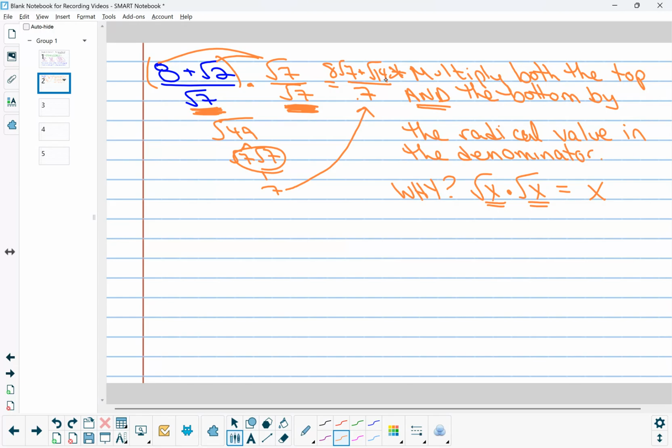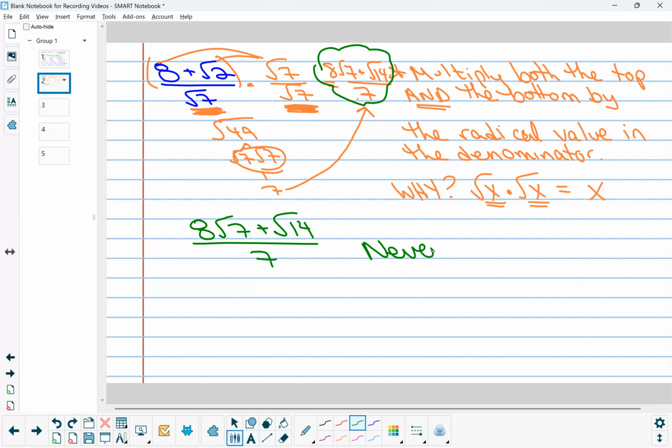And then a rad 14, its only factors are a rad 2 and a rad 7, and those are both prime. So this would be your answer right here. Okay, I'm going to write it out a little bit bigger, but you'd have 8 radical 7 plus radical 14 all over 7.